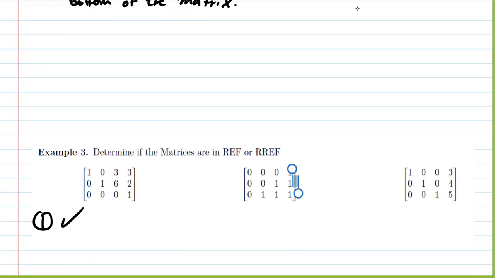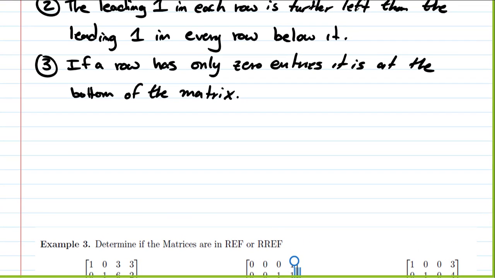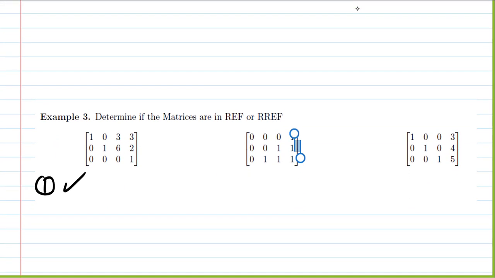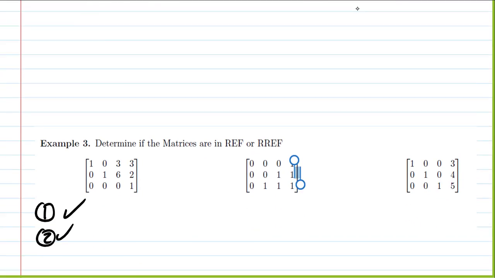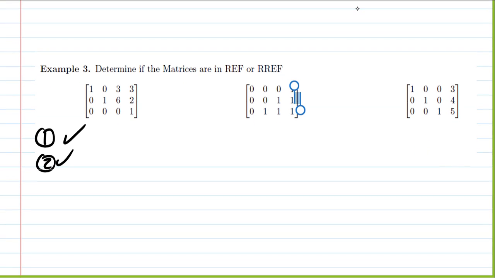Well, yes, this leading one is further to the left than the other two below it. This leading one is further to the left than the one below it. The last leading one has no ones below it, so that's vacuously true. So 2 checks. And lastly, 3, if a row has only 0 entries, it is at the bottom of the matrix. We have no rows of all zeros, so that is also true. So this matrix is in REF.